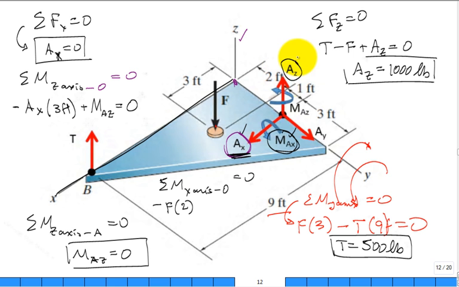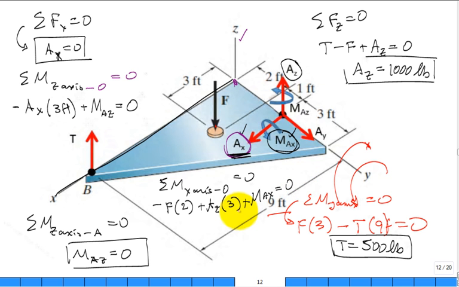Yeah. And that's going to be a positive AZ times a moment arm distance of 3 foot. Does AX contribute? No. Does AY contribute? No. Does the moment of A about the x-axis contribute? Yes. It's the moment A x-axis equal to 0.